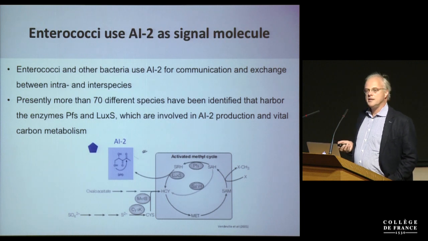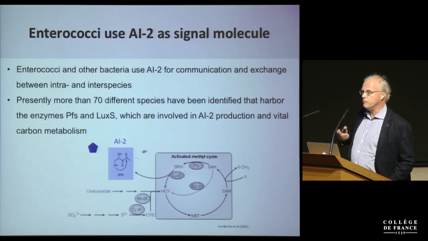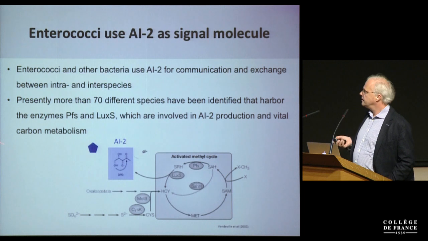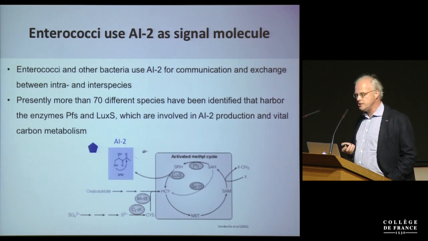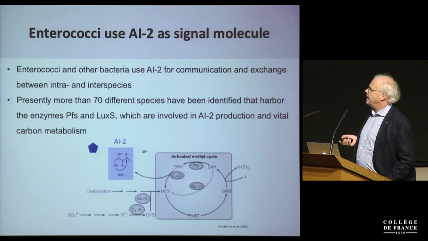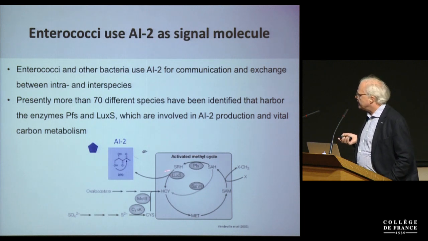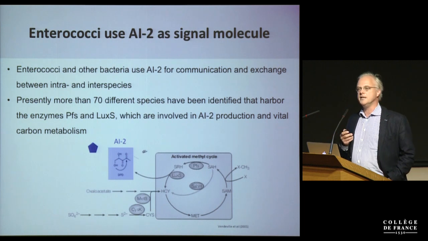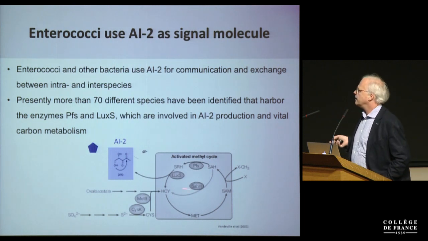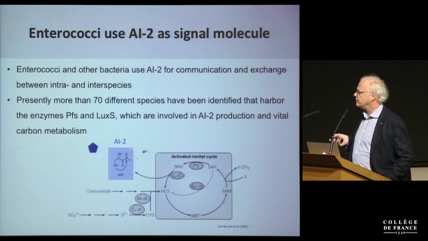It's a molecule, a furanosyl borate diester, and it's formed by this cycle that's very important in metabolism, involved in methylation. The enzyme that I'm talking about, LuxS, has been seen as the key enzyme producing the precursors of AI2 in a number of species.